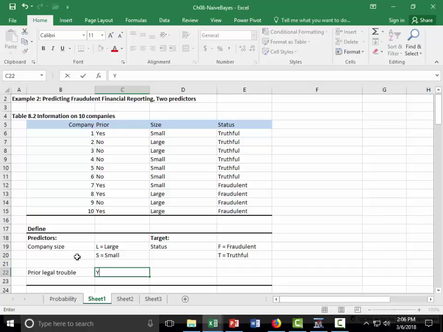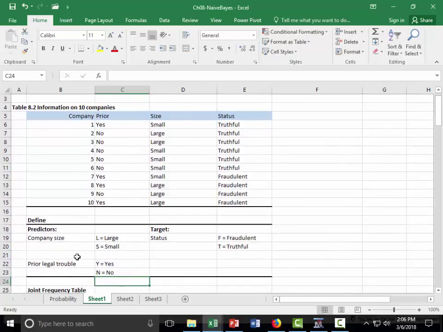Y equal to yes, they have had prior problems, N is no. There are only two possible values. So this way, the unique combinations are just 4. We have L and Y, L and N, S and Y, and S and N. There are only 4 possible predictor profiles.